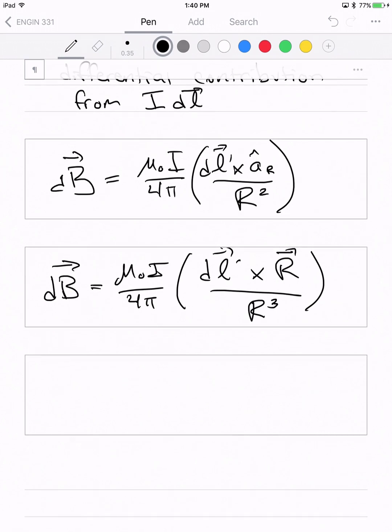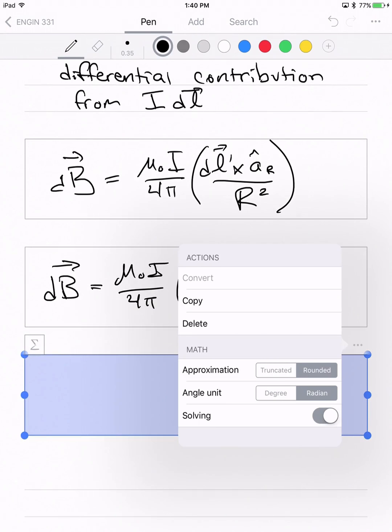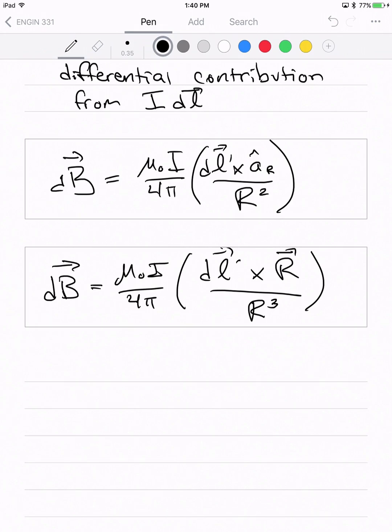Now, the example that we're going to do is example 5-3.